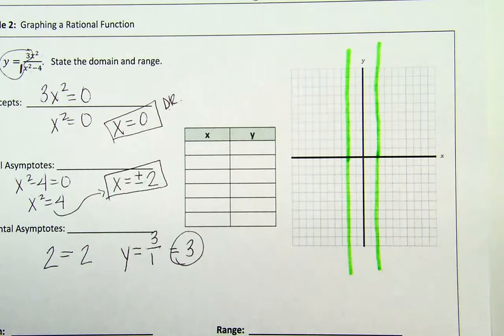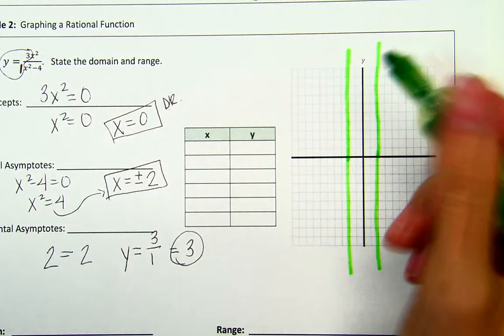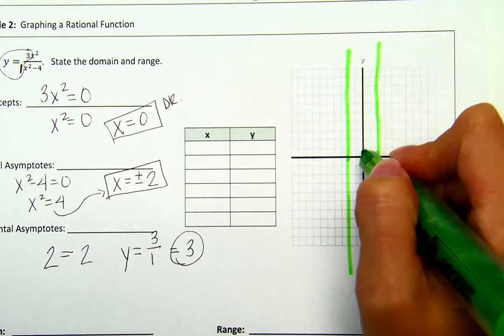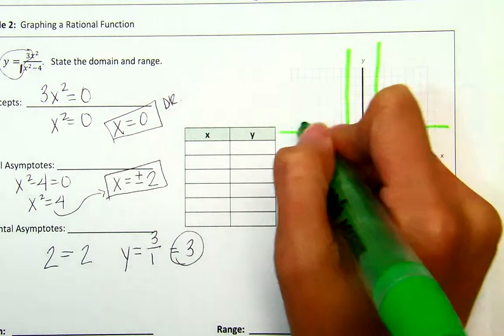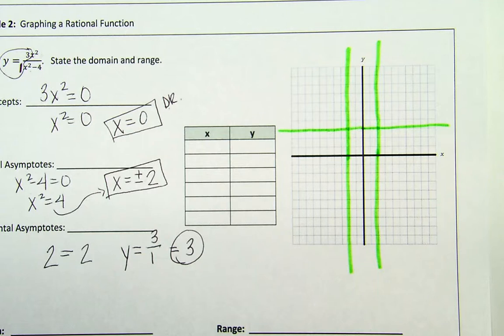You have to be careful about your horizontal asymptotes, because in some examples we'll deal with, depending on how your vertical asymptotes cut your graph up, they may be a little bit different. But for this case, I'm just going to write a light highlight across my horizontal asymptote.